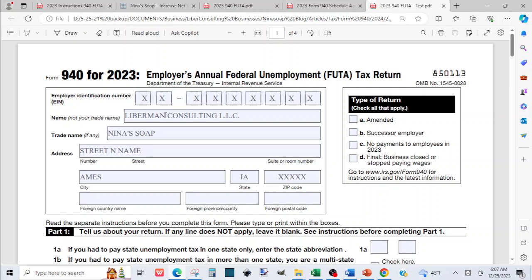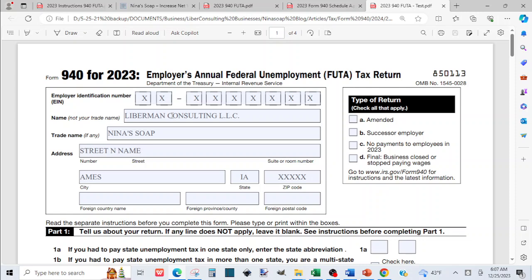But again, the best way to find out is to pull the EIN application form that you submitted to the IRS, if you have one in your records, or the SS-4 letter that you received from the IRS following your EIN application. That will have your business legal name, and that's what you will put on the line for name.